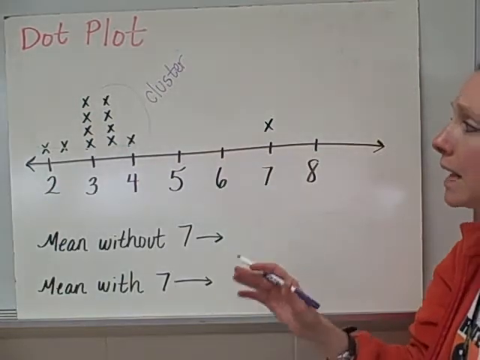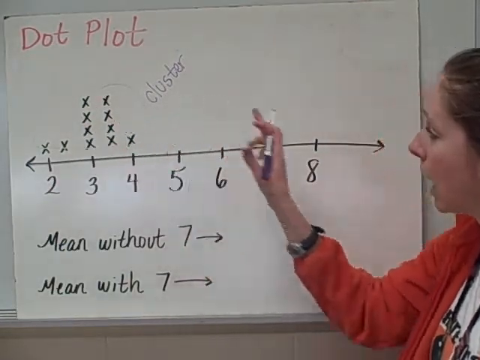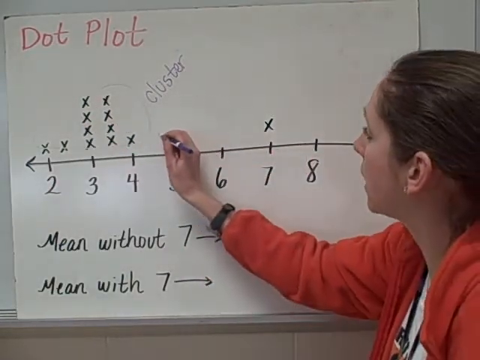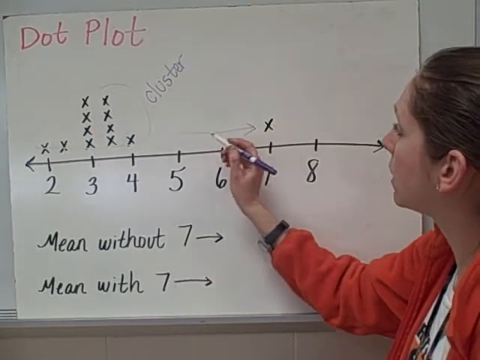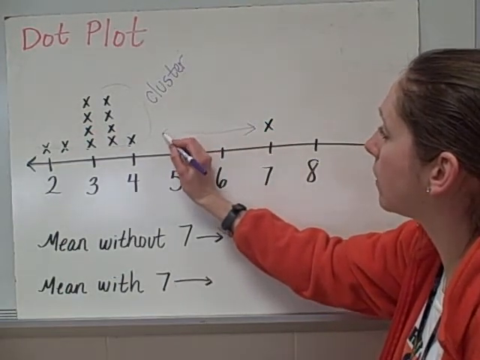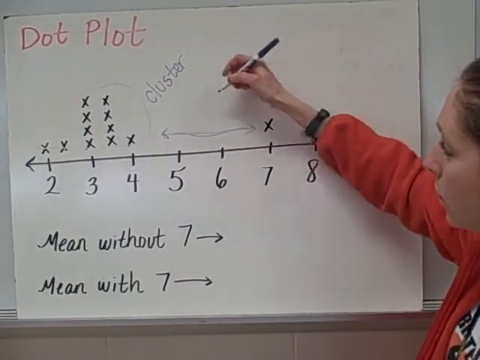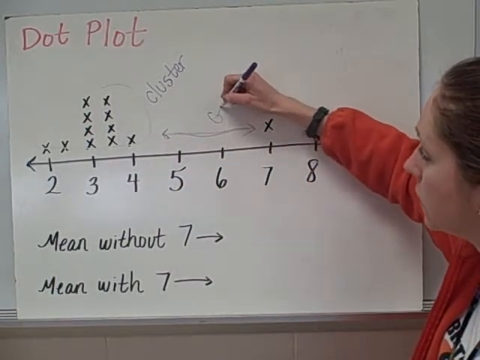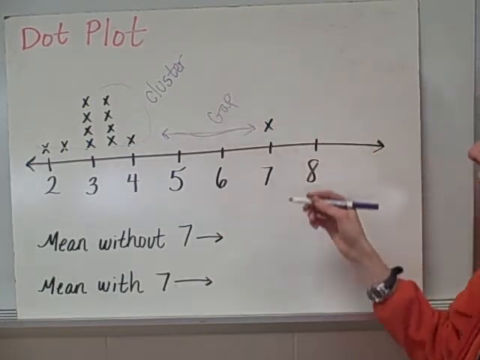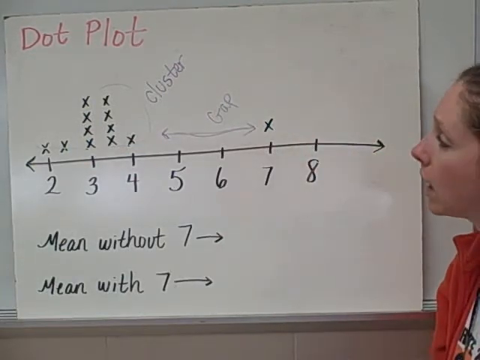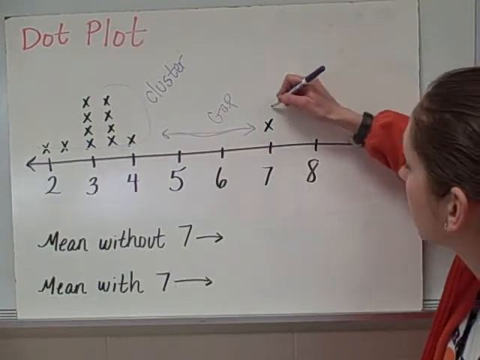I also see a gap between the cluster and this value out here at the 7. So another thing that you're going to need to be able to use for your vocabulary is gap, meaning there's space in between maybe clusters and this value. This value we would call an outlier.